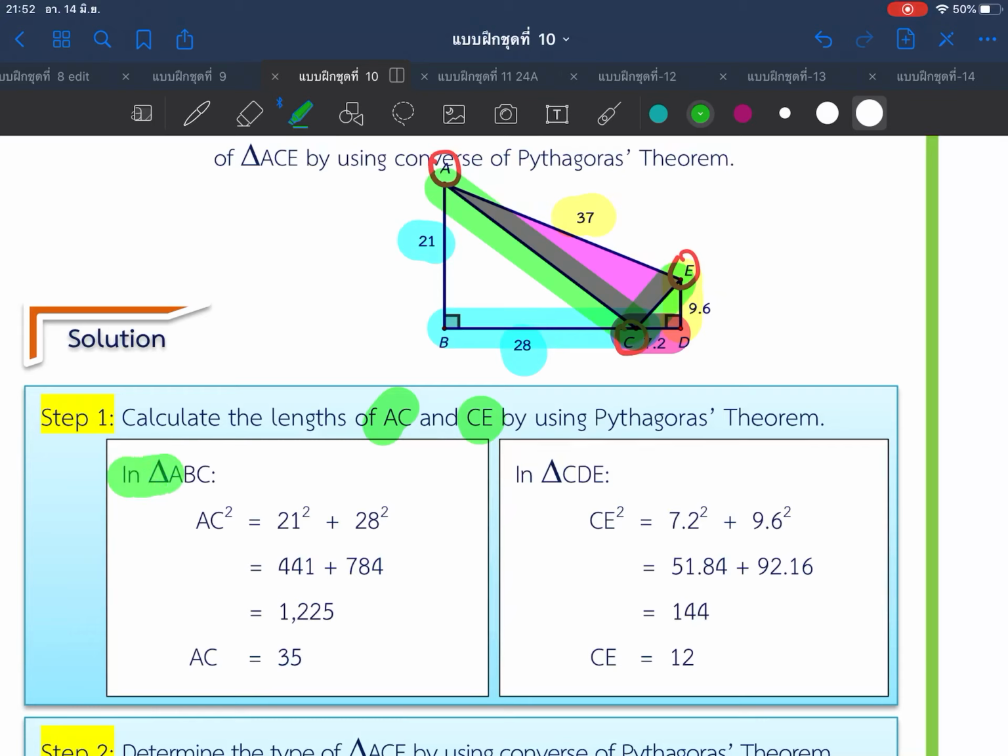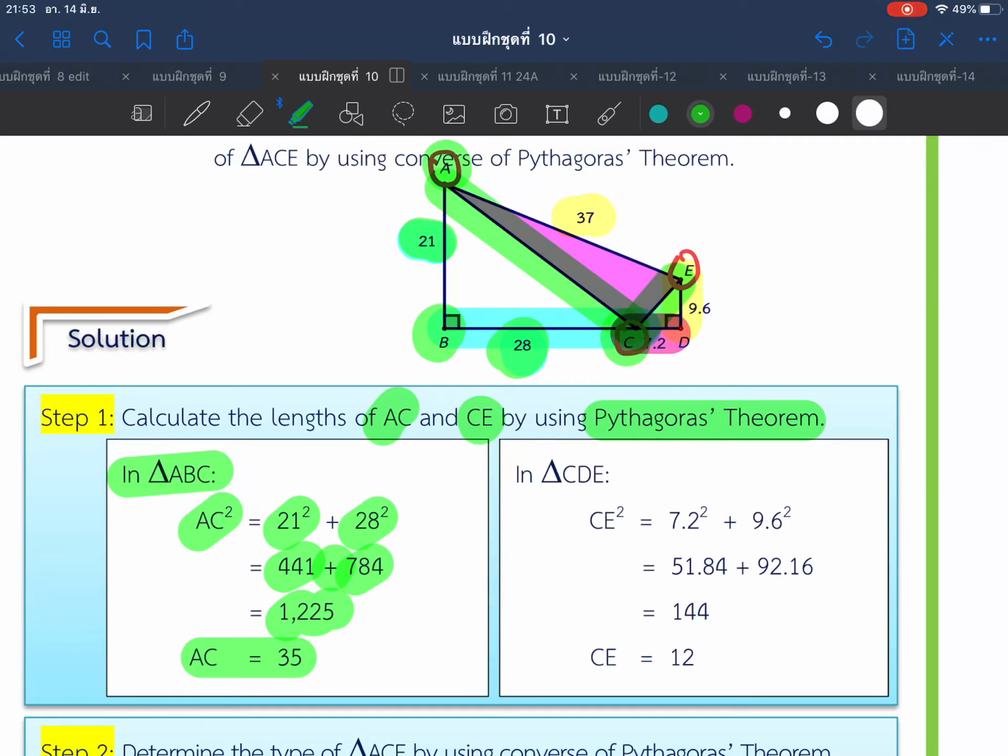Look at triangle ABC first. A, B, and C is already a right angle triangle, so we use the Pythagoras theorem. AC square equals the two legs: one leg 21 square, add 28 square, so it equals 441 add 784, which is 1225. Then AC is 35.